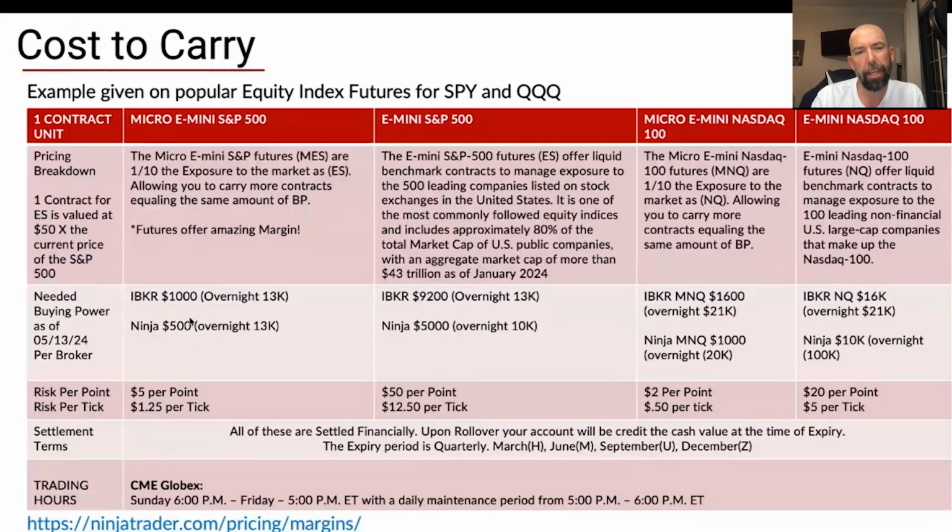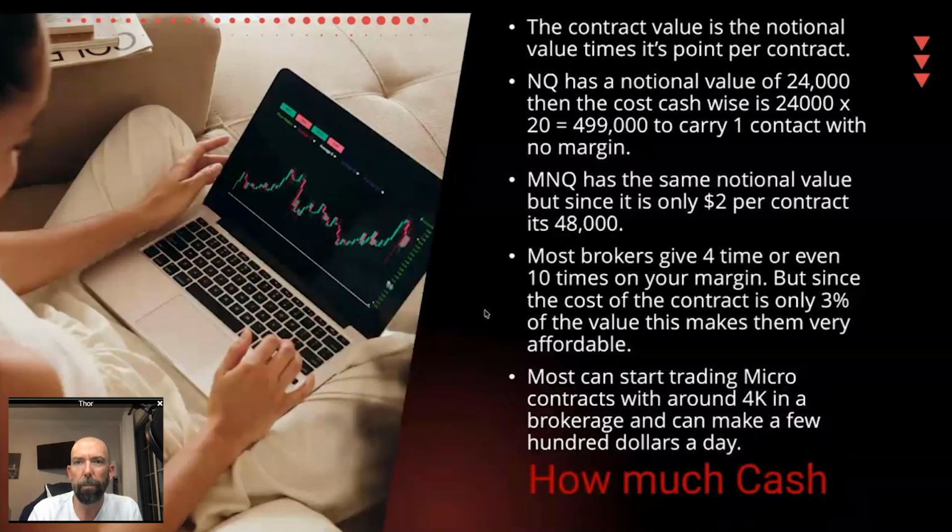So once you're in, this is where things are going to get fun, and I'm going to talk more about this. We talk about ticks and we talk about points. Once you buy the position, each one of them has a certain amount of money that you make or lose per tick, per point, and we'll talk a little bit about how to figure that out. The contract value, like we were talking about before, is the price per point per contract.